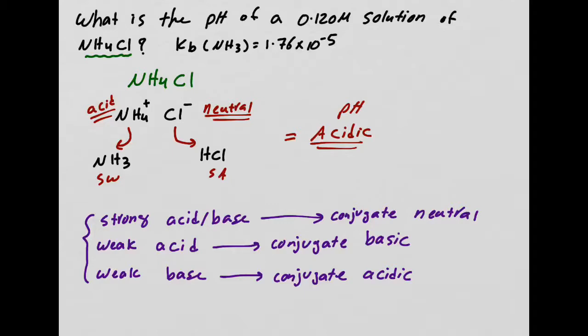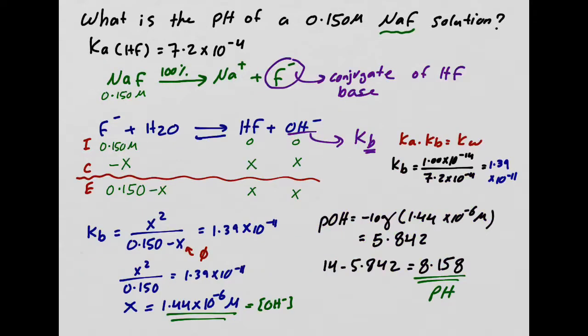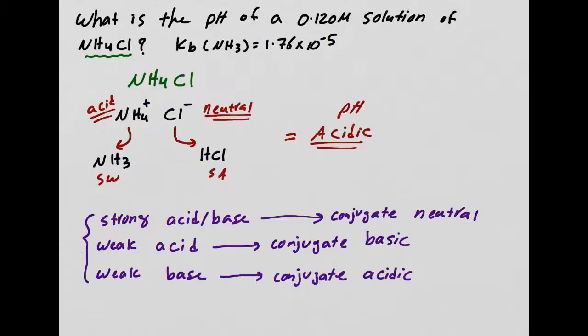Now, before we do this problem, I want to go back to the last problem and see if we could have predicted the answer before doing the math, and if the math matches up. So here was sodium fluoride. How would we look at this?